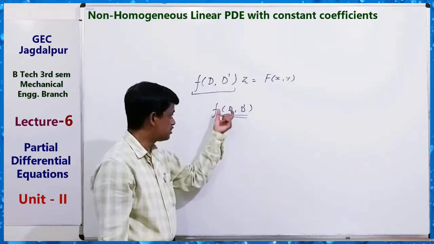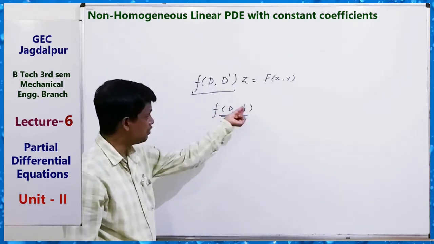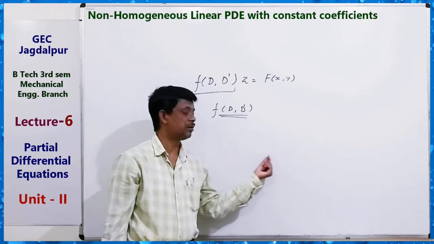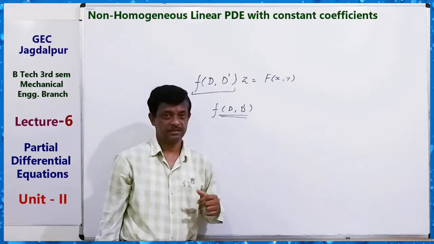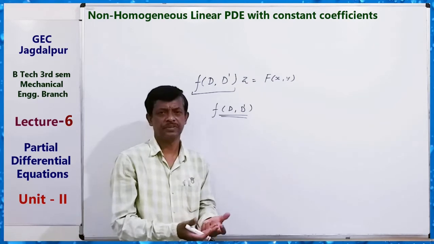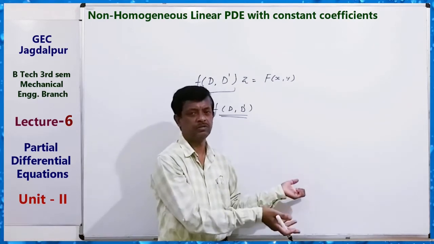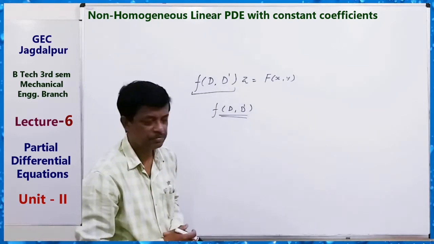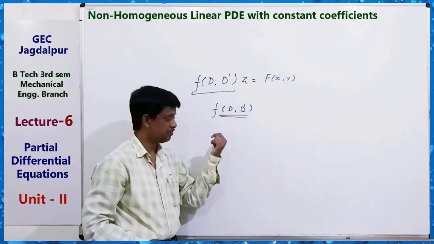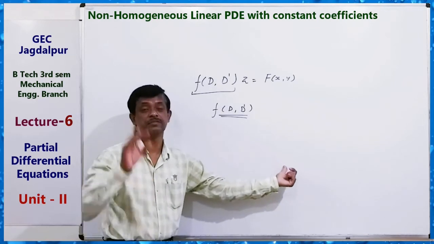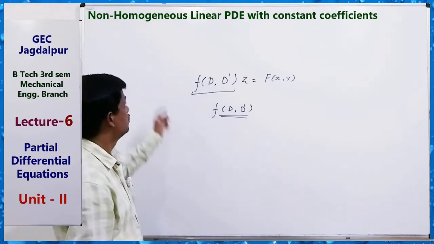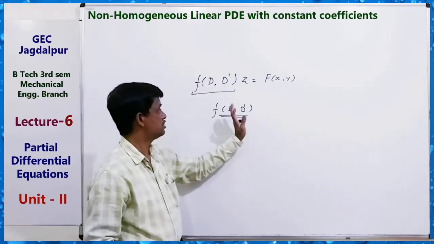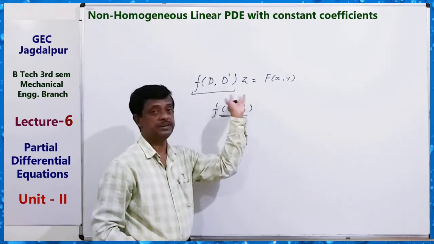But if it is not homogeneous, every term has different order partial derivatives. Maybe two or three terms have the same order, the third term another order, and one of the terms may have no partial derivative. But in homogeneous, each term has the same order partial derivative. So now we will study non-homogeneous f(D, D dash).